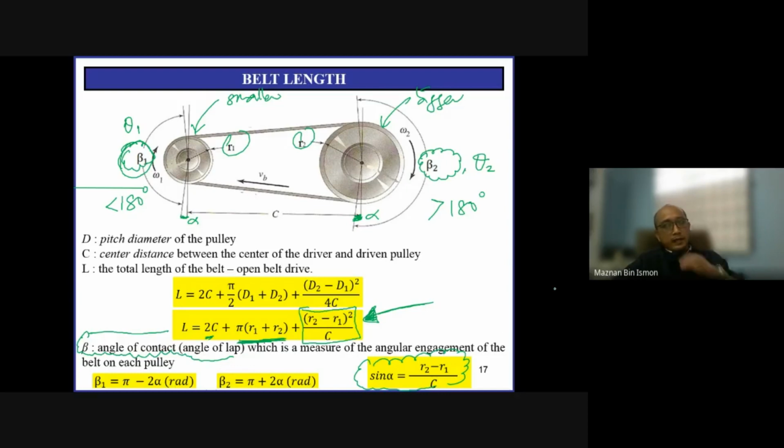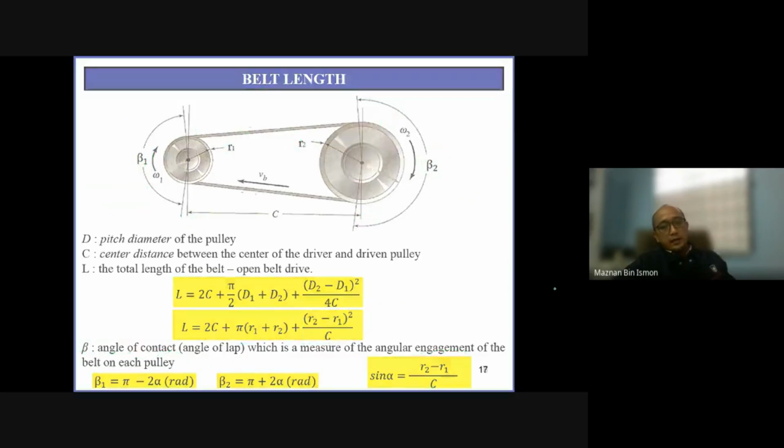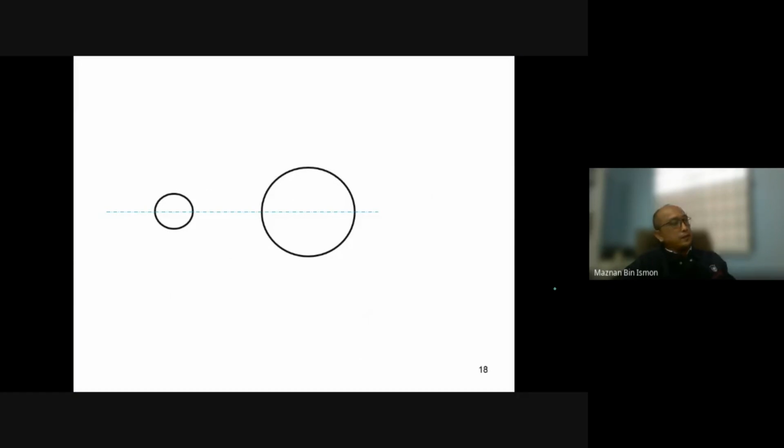How do we get sin alpha? From this diagram, let's say this is C, center to center, this is R1, and this is R2. And then I draw a belt from this point, the touching surface of the bigger pulley.